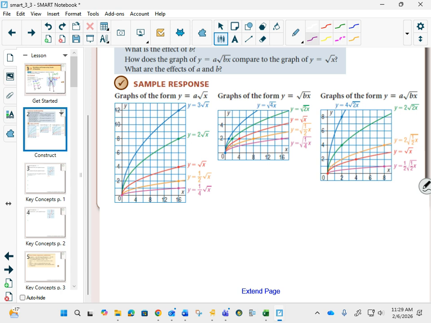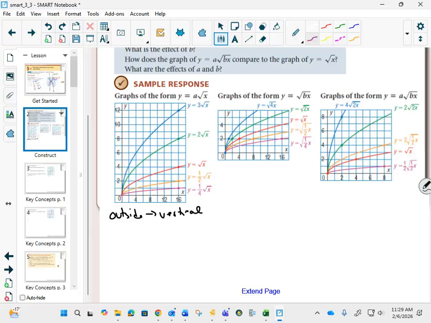I'm going to write underneath, but you can write beside them. Okay? The first one, the number is outside. All of these are going to be vertical stretches and compressions.